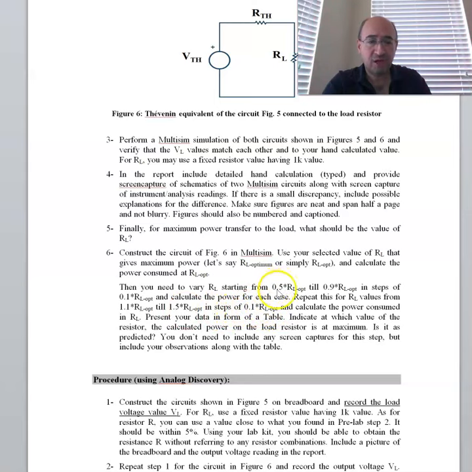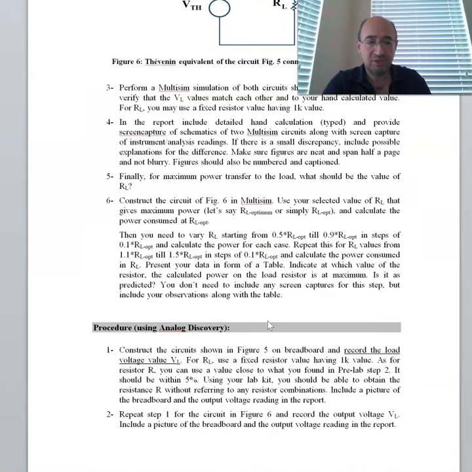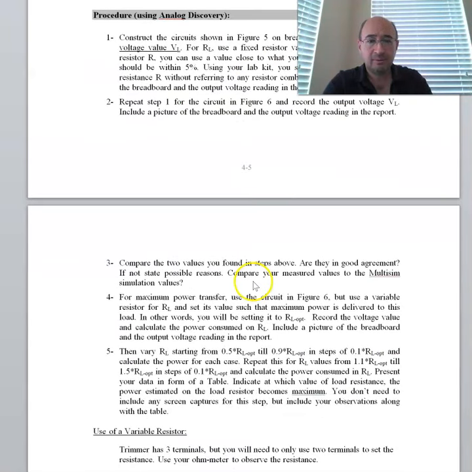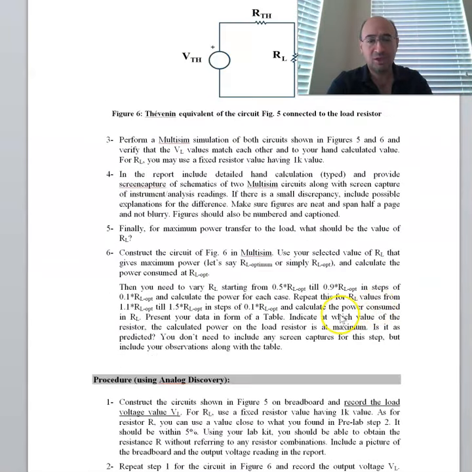For each value of RL, you're going to be recording the output voltage value and creating a table with the power consumed on each one, and finally stating which one gives the maximum power on the load. You should get the maximum power at the RL optimum value.